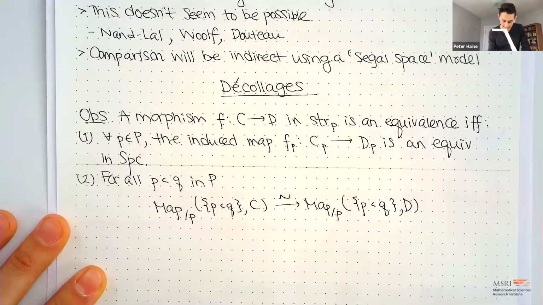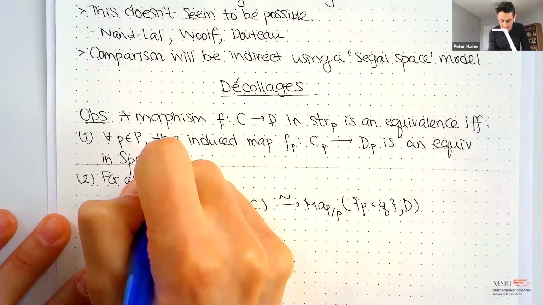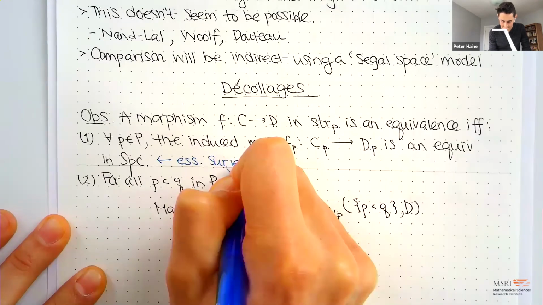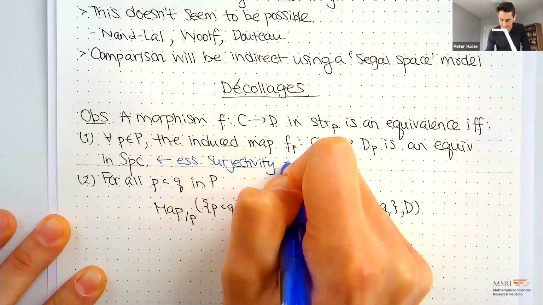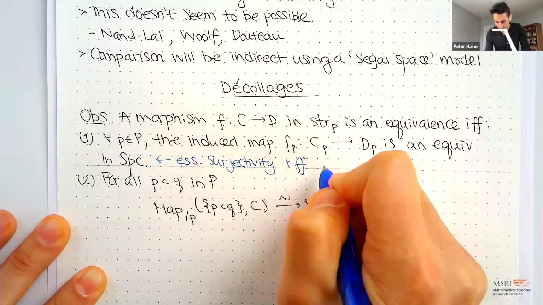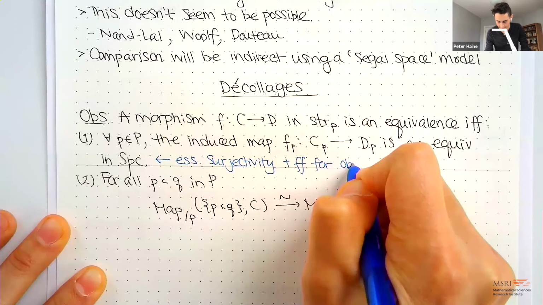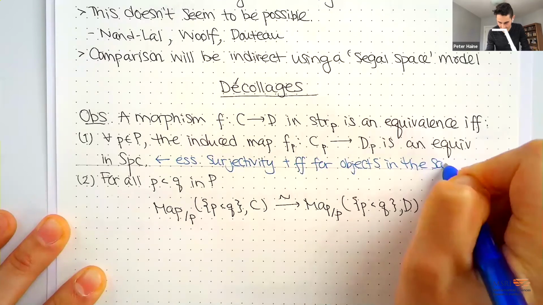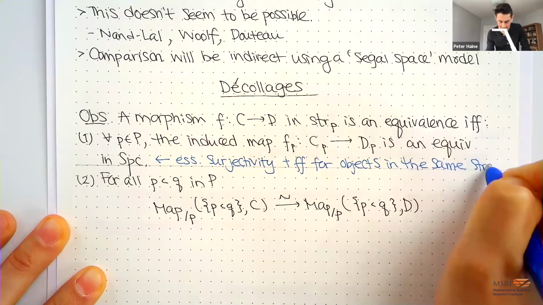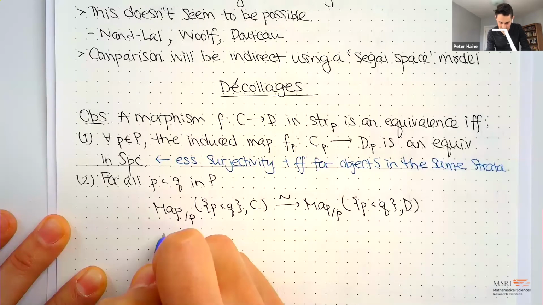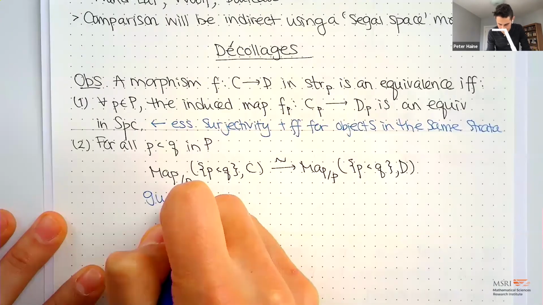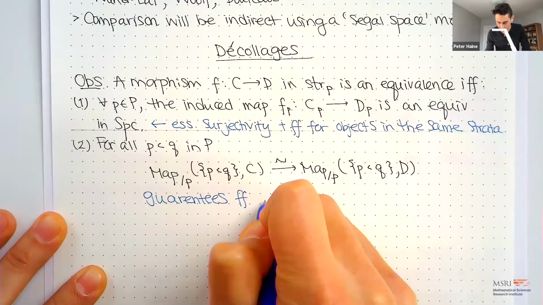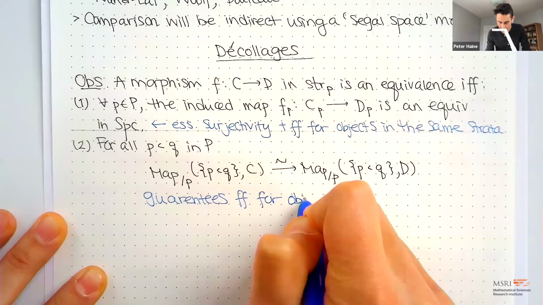The point is that the first part guarantees essential surjectivity and full faithfulness for objects in the same strata, and the second part guarantees full faithfulness for objects in different strata.